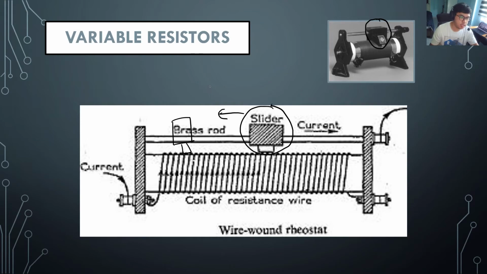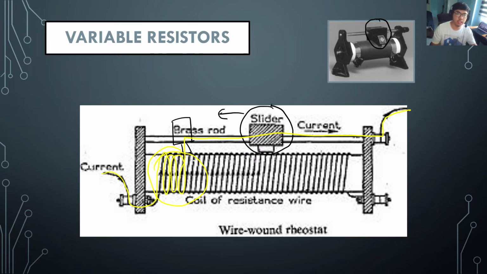What that does is it will cause the current to flow for only a short amount of distance. So the current will flow through here and up until where the slider is, and then it will go through this other rod and exit the variable resistor. In this case, because the wire that the current passes through is shorter, this variable resistor gives low resistance.